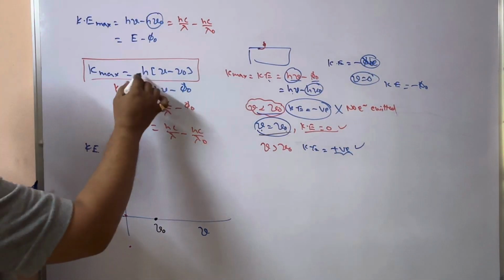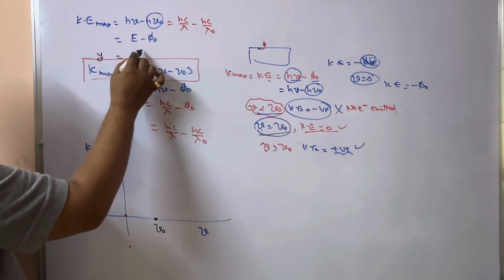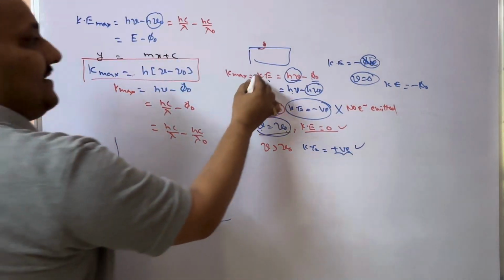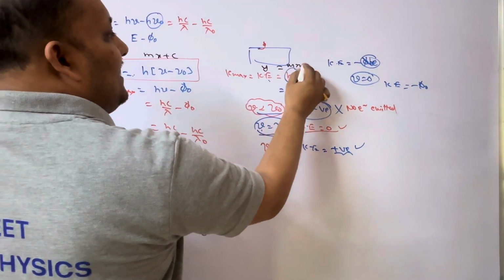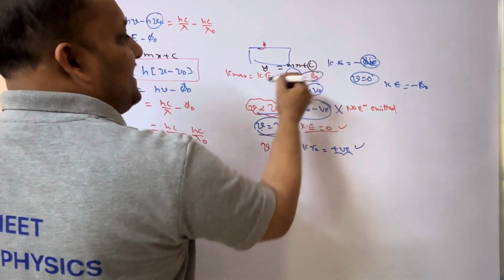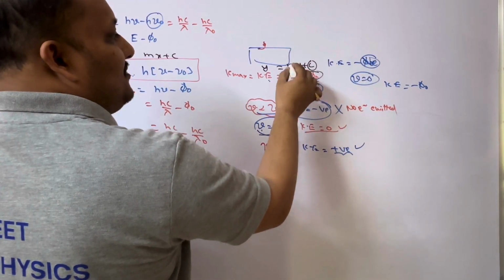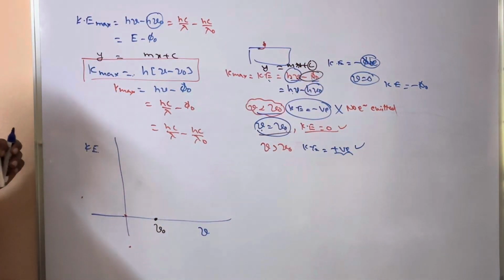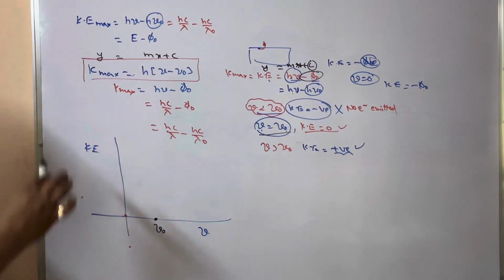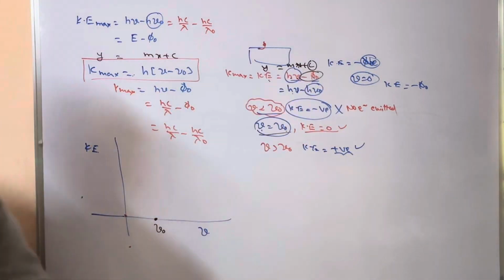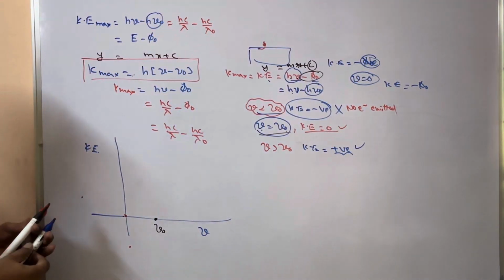So this equation represents y is equal to mx plus c. C is minus phi naught, x is nu, m is the slope of that equation. So y is equal to mx plus c represents a straight line but not passing through origin.